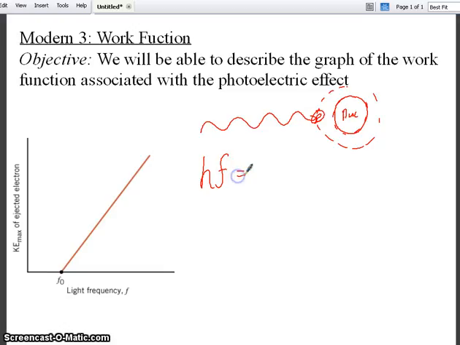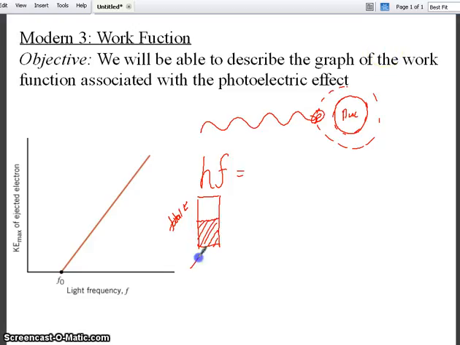If it has enough energy to eject the electron, that energy is called the work function. So there's a certain amount of energy. Let me give you a little bar graph right here, okay? This is the total energy. A certain amount of this energy, we'll call it the bottom half here, is going to go into just removing the electron.